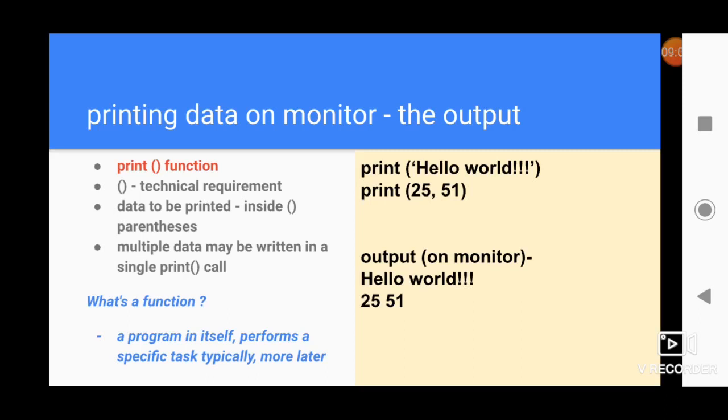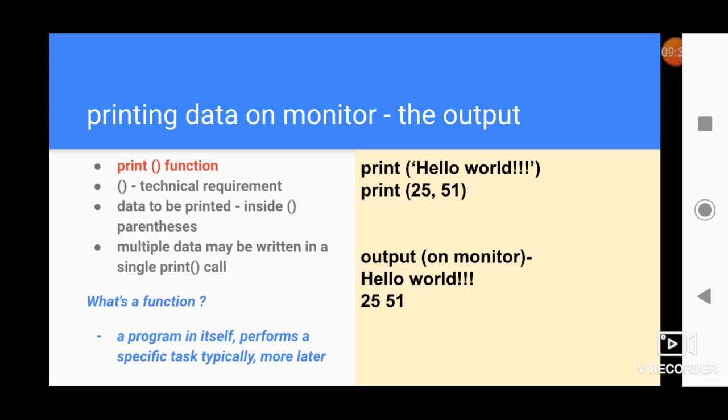In the first we have written print hello world inside quotes. So look carefully that inside the parentheses we have a string hello world, and this string is enclosed inside a pair of single quotes. Now as we said earlier, anything enclosed inside a pair of single or double or triple quotes represents a string.